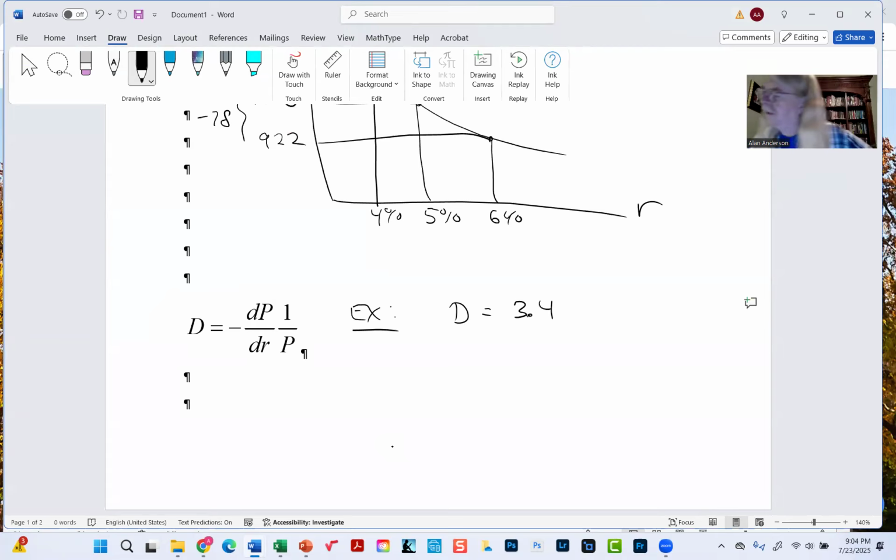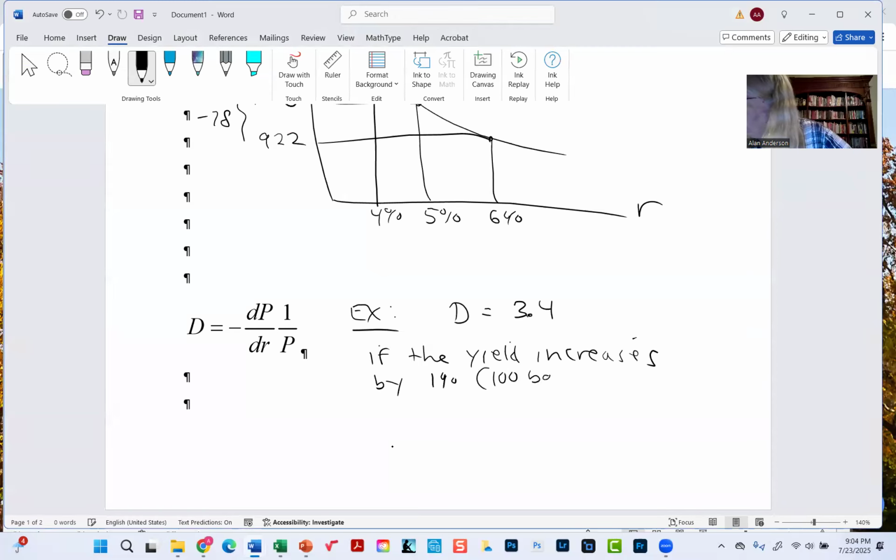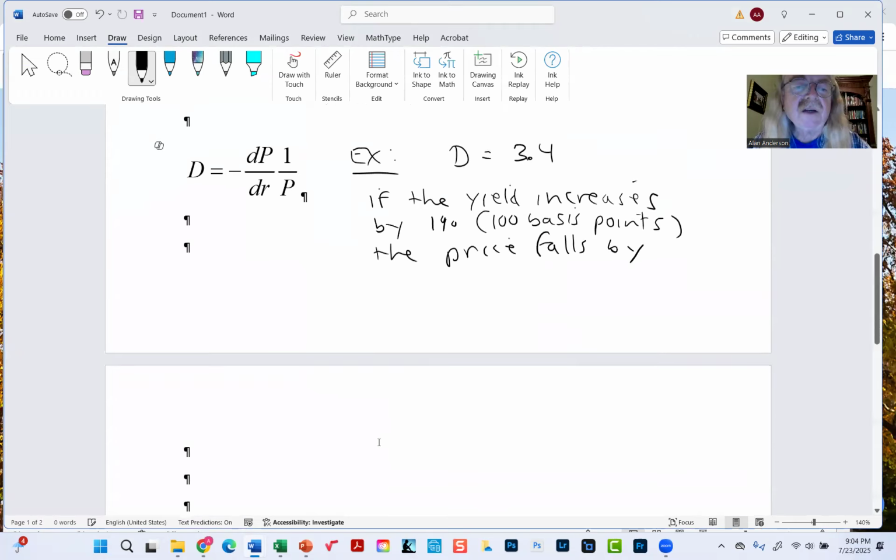Okay, we can interpret that as meaning that if yield increases by, let's say, 1%, or 100 basis points, the price of the bond should fall by approximately, and that's the key word right there, approximately 3.4%.